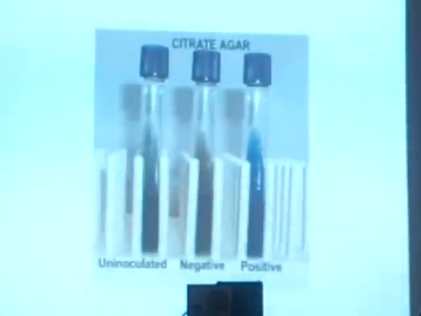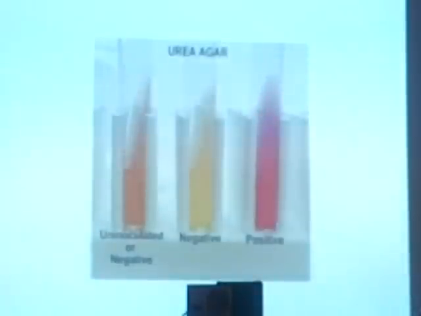And citrate agar. Citrate agar takes the form of a slant in a tube, right? This is an uninoculated medium, negative, remains green. Positive, because it changes the color to the basic spectrum, therefore it becomes positive. This is urea agar, right?